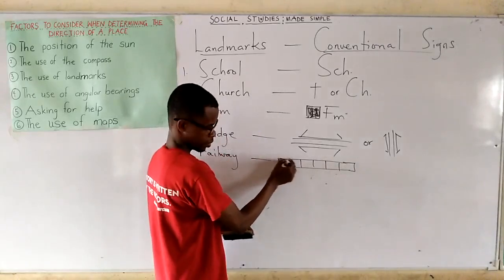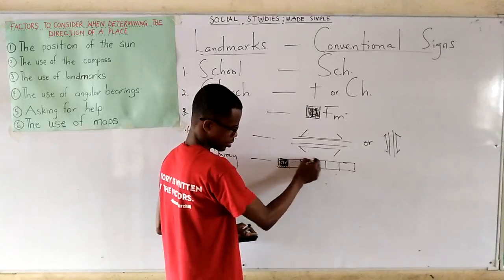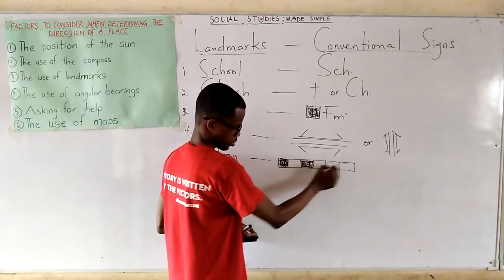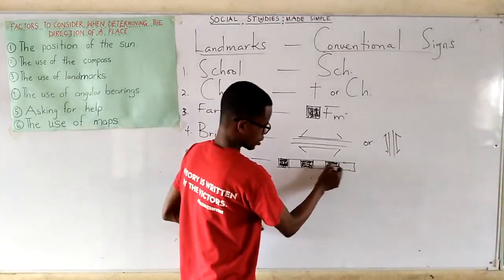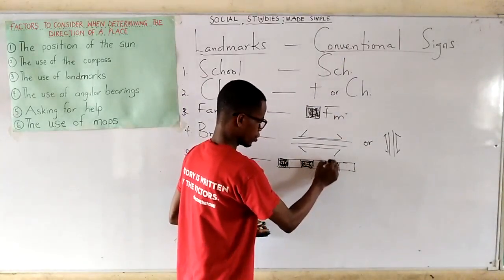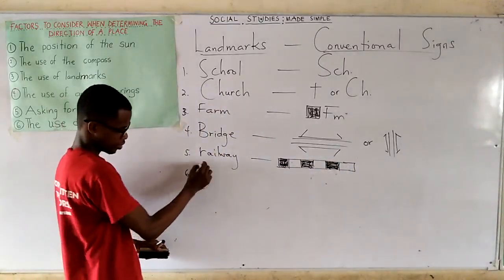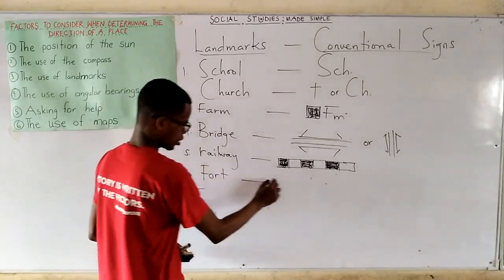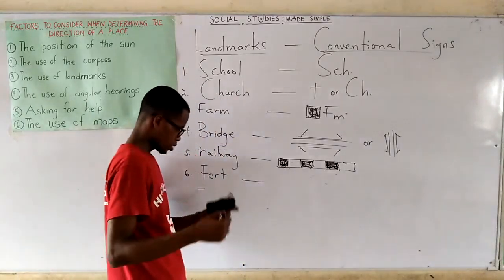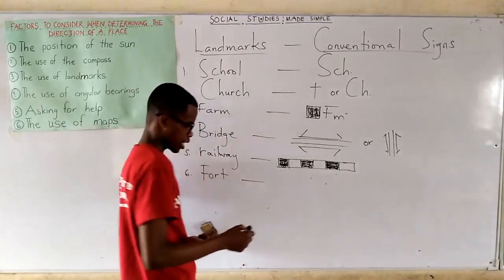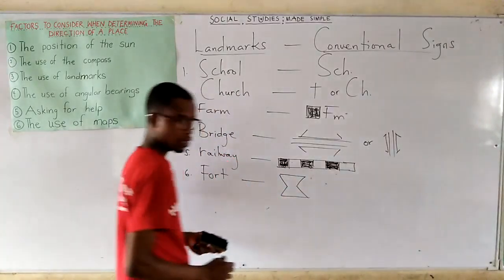You have one portion shaded, you skip the other, you shade this one, and that is how, depending on the length of the rectangle that you draw. That is for a railway. There's a fault in the area. In Gold Coast, we had a lot of faults. In Ghana, some of the castles still exist. You have something like this.